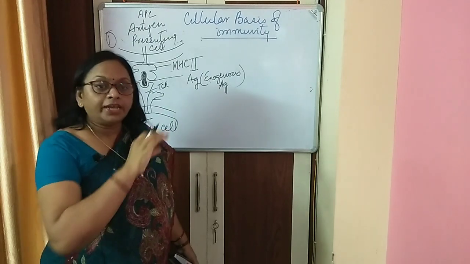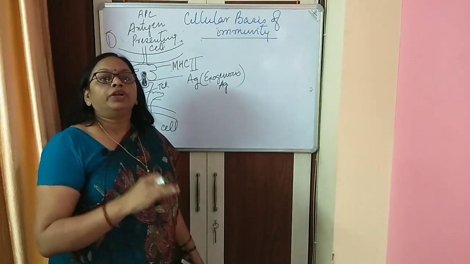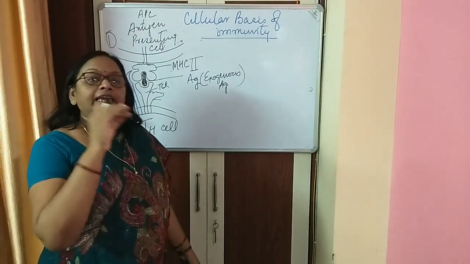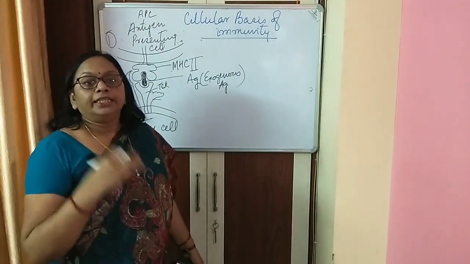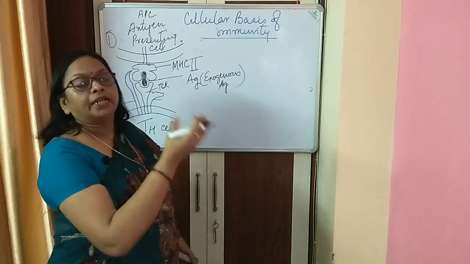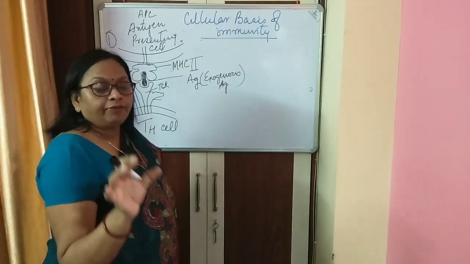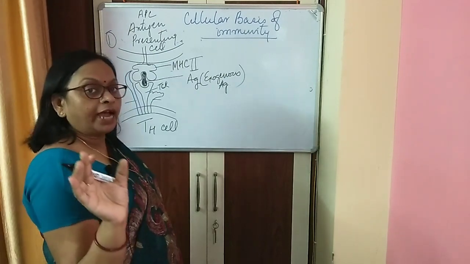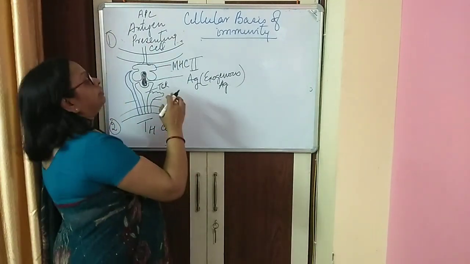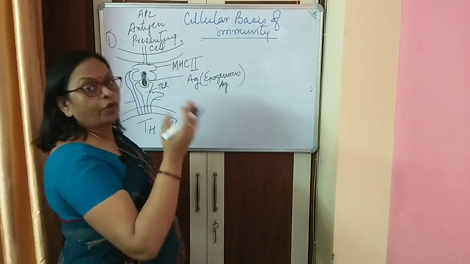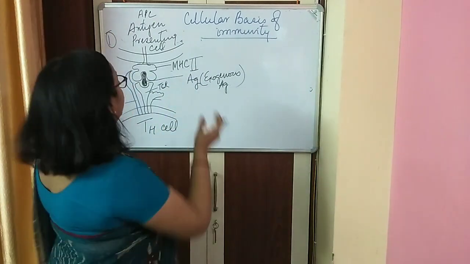Suppose a virus or bacteria is present inside the body and has infected, produced viral particles, and the cell got infected. That will be dealt with by the cytotoxic T cells. But here this is the mechanism by which the exogenous or foreign body has been taken up and processed.